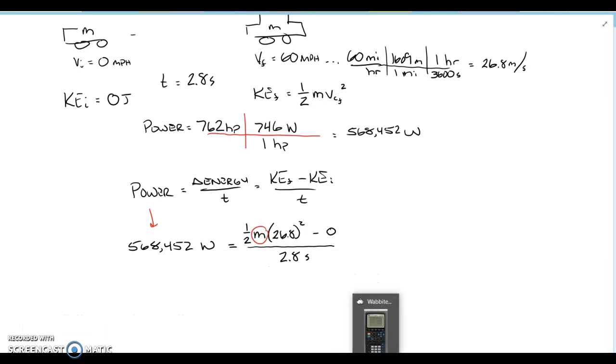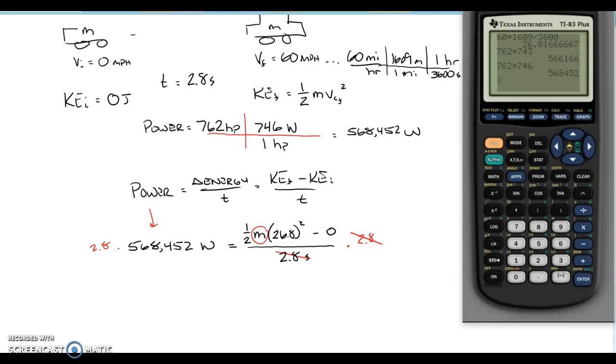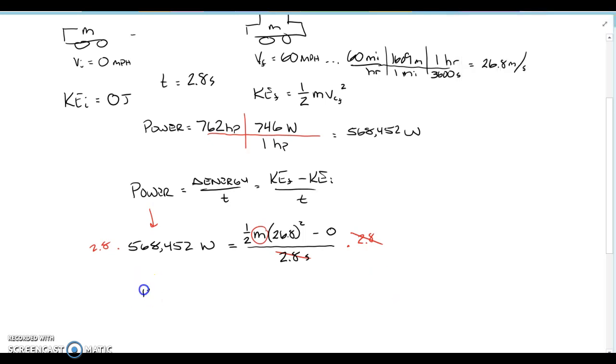I'm going to multiply both sides by 2.8, and that eliminates my denominator. And when I do that, 2.8 times 568,452, I get 1,591,665. And that now equals 1/2 times the mass times 26.8 squared.